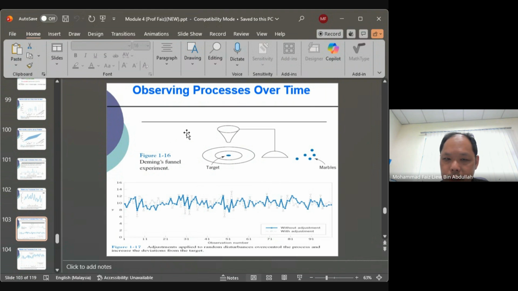Sometimes you can show it like this. When you present your thesis, you can have the experimental setup on top, showing this demarming funnel experiment. And then you can show the graph below, how it is obtained from the experimental setup above.